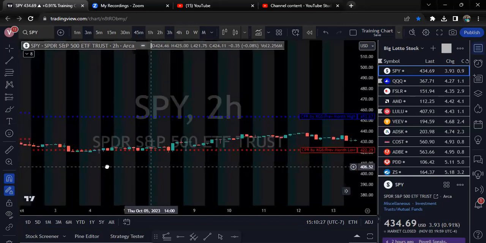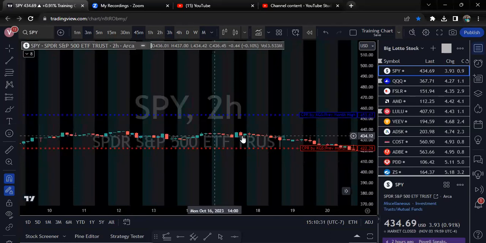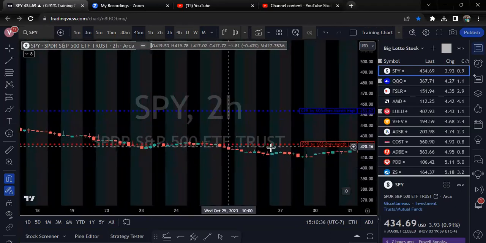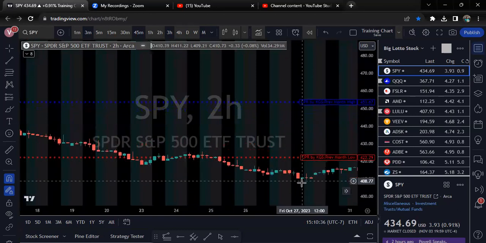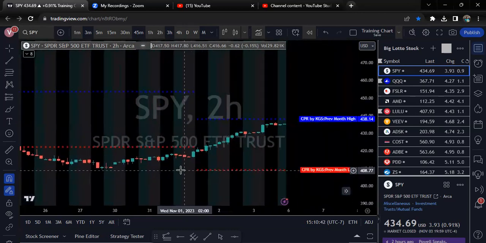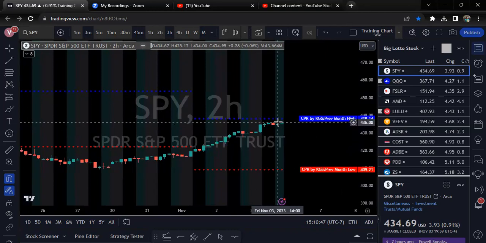We touched it, and then we didn't go all the way back to 453. We went back down below it, 422, and then we had the bearish continuation. So when you're below this level, you have bearish continuation. Now, if the month begins and you're above this, then it means you're going back to this level.